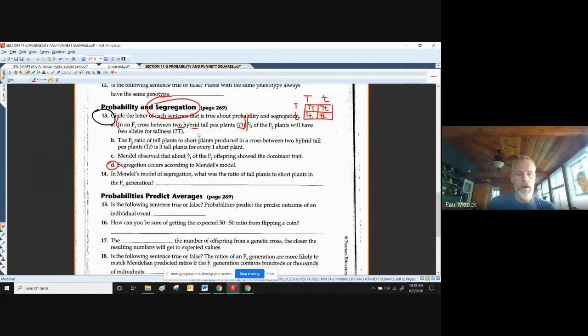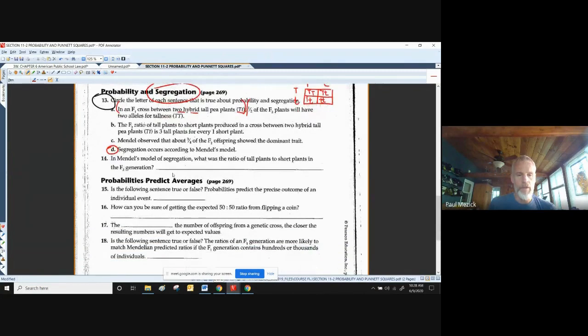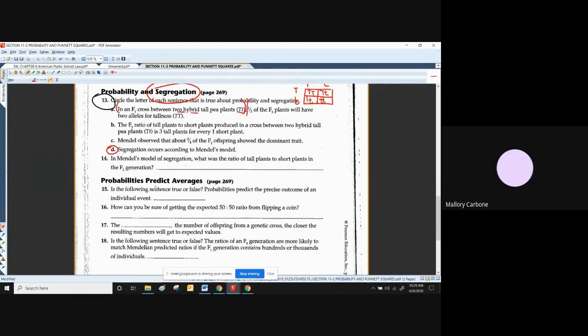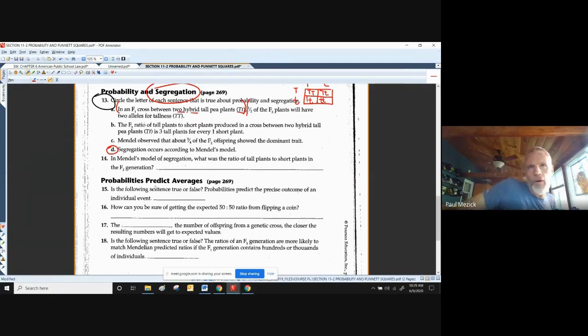Yeah. And then probabilities, predict averages. So probabilities don't really make predictions, just so you know. It's like flipping a coin. If I flip a coin 10,000 times, what's the chance I'm going to get heads on the 10,001st flip? Still 50%. It doesn't matter how many times I flip it. It's a 50% chance. Like someone saying, what are your chances of having a boy or girl? 50%.